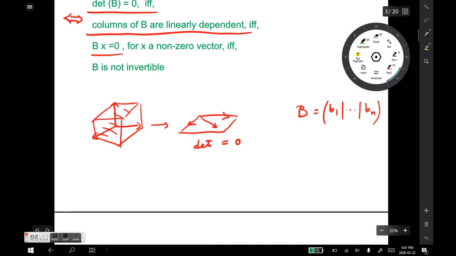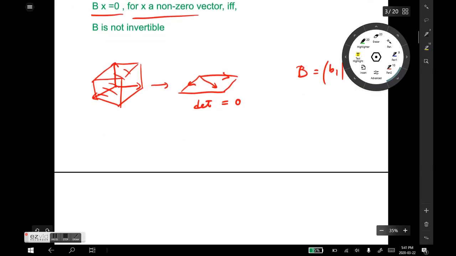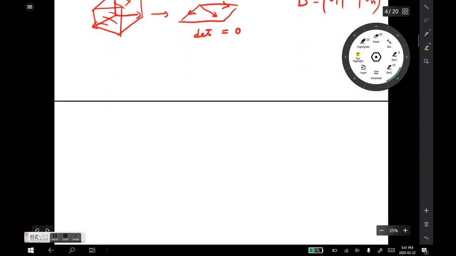Okay, let's discuss this. B is a matrix that has columns B1 till Bn, and I want to consider the vector x1 to xn.